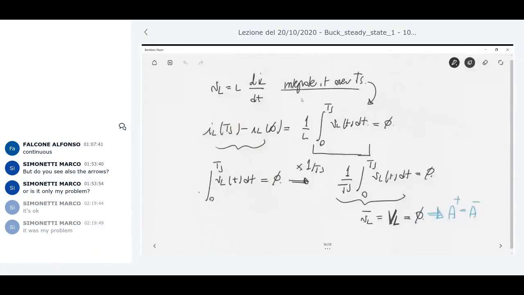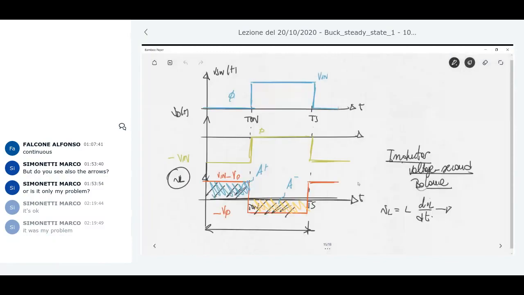Okay, so I introduced what I call the inductor voltage-second balance. So the fact that in cyclostationary condition, the average value of the voltage across the inductor is always null, so no DC component of the voltage across the inductor.